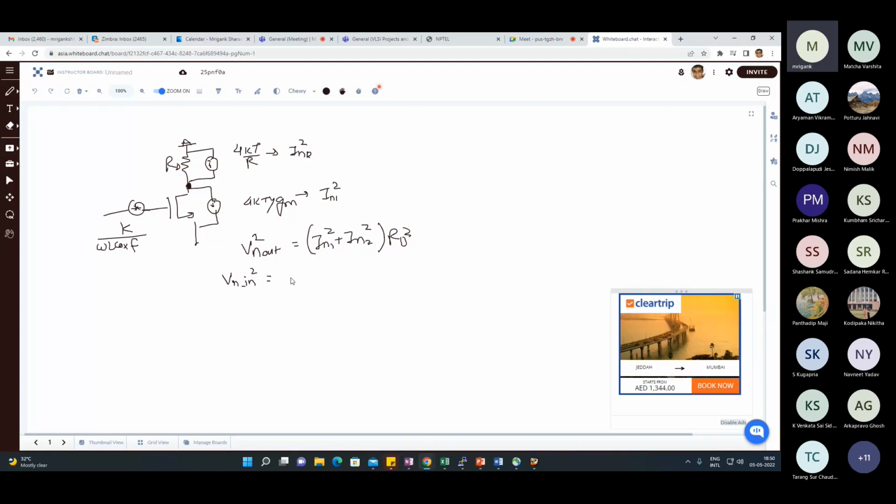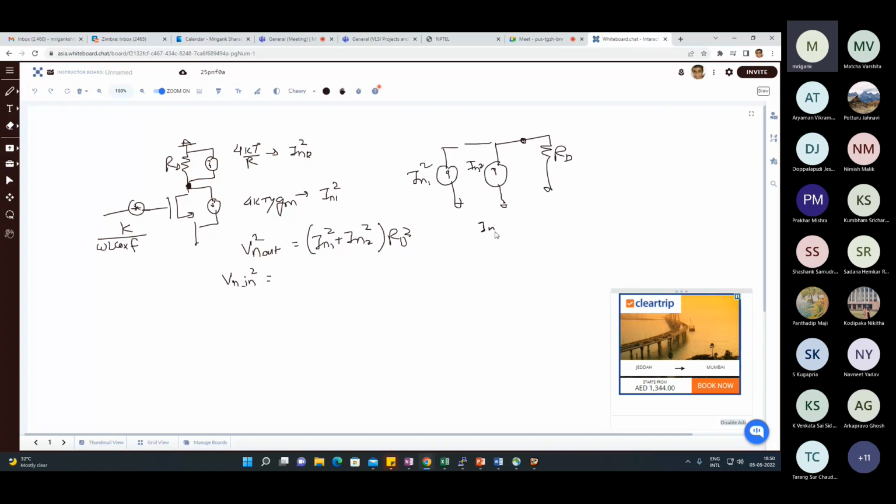So if this is the output noise, what is the input referred noise? The output referred noise divided by gain. We had discussed this concept earlier also: if you have two independent noise sources, In1 square and In2 square, and a load resistor RD, then what is the total output noise power?